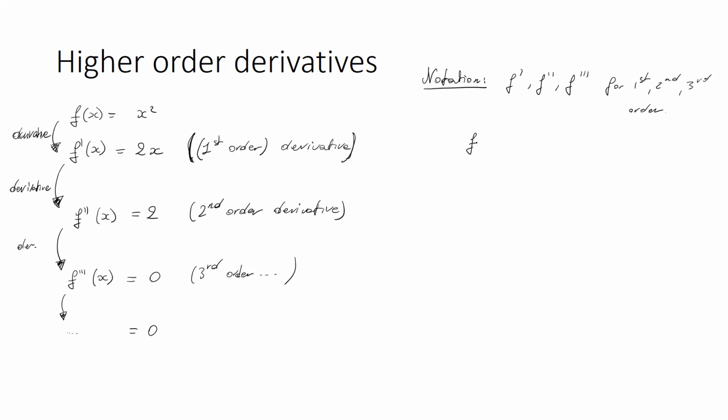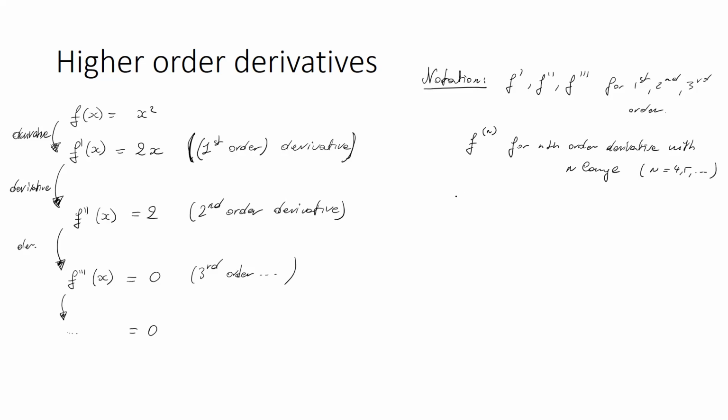So what we usually do is we write f and then n between parentheses for the nth order derivative, with n large. So typically n is 4, 5, and so on. So that is one piece of notation.